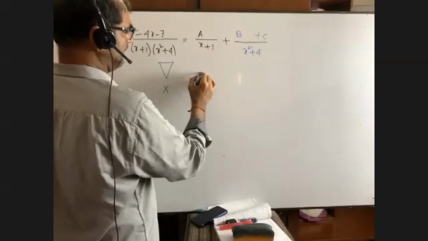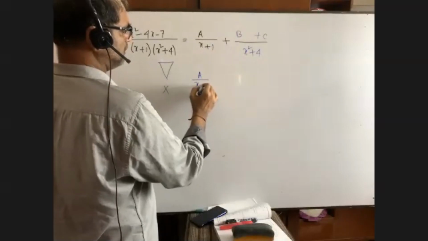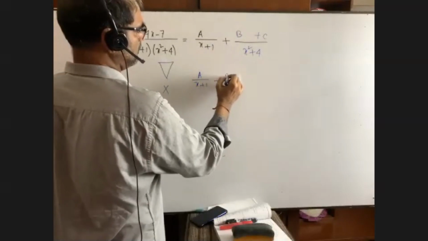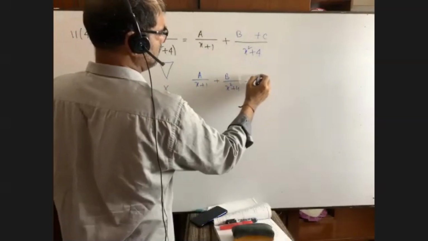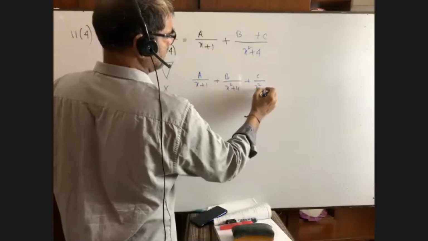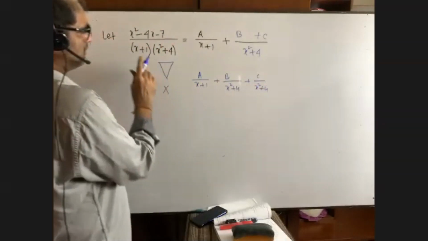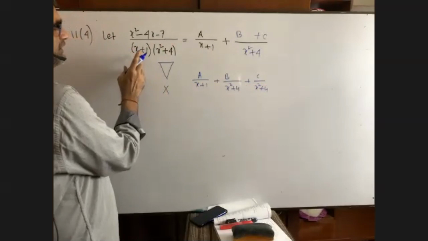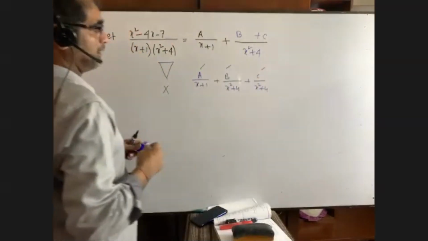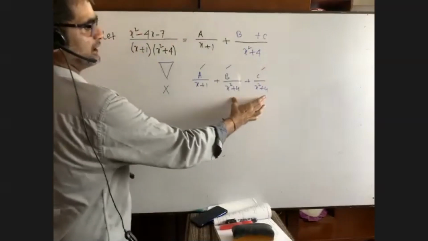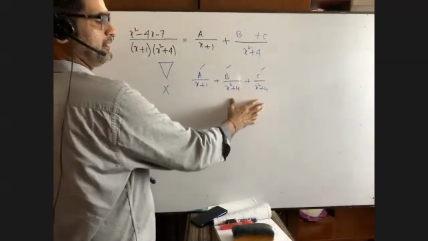I can take it like this: a by x plus 1, b by x squared plus 4, and c by x squared plus 4. Because the degree is 3, we have to take 3 unknowns. But we are getting these two the same.